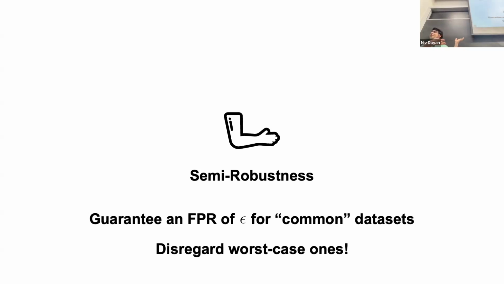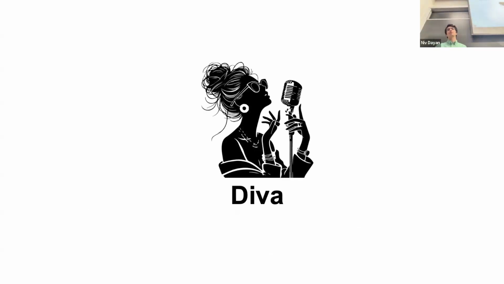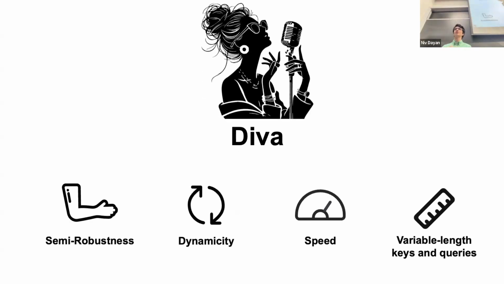You're rarely going to see worst case workloads and data sets in practice. So it makes sense to try to have semi-robustness instead. Okay, so with that, we design Diva, which is the first range filter to provide you semi-robustness, dynamicity, high processing speed, and variable length keys and queries.